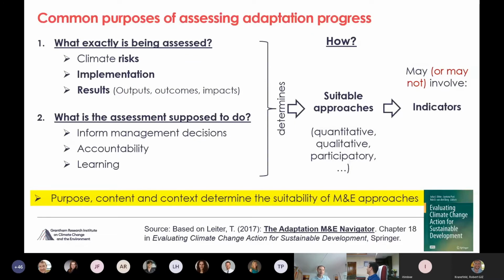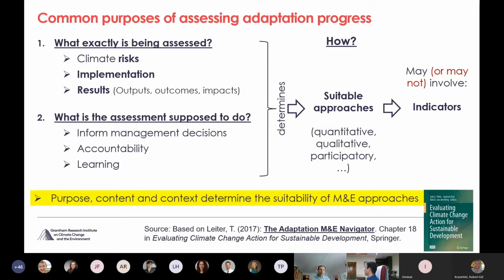To be precise in today's session on what we are speaking about when we're talking about assessing adaptation progress, it's important to look at these two questions. First, what exactly is being assessed? Are we assessing the risks of climate change on the water sector, or are we assessing the implementation of particular projects or plans, or are we looking at different results?